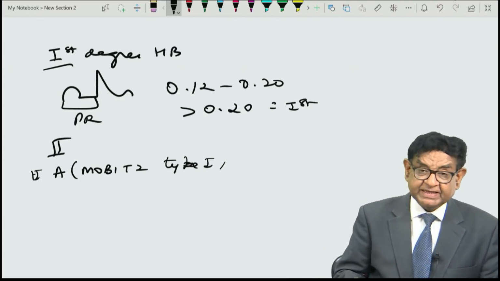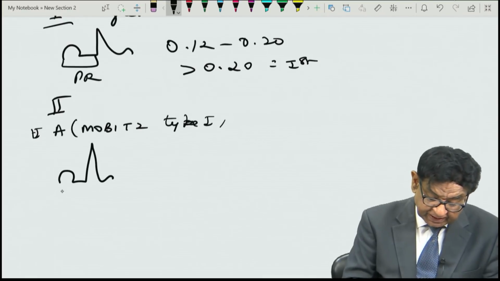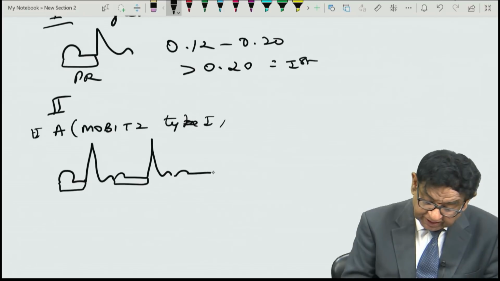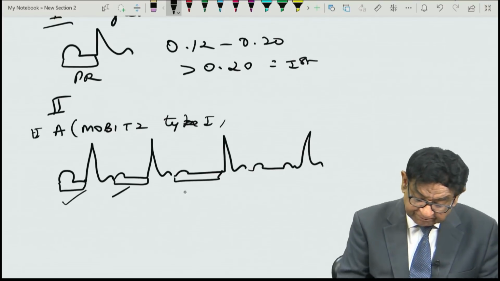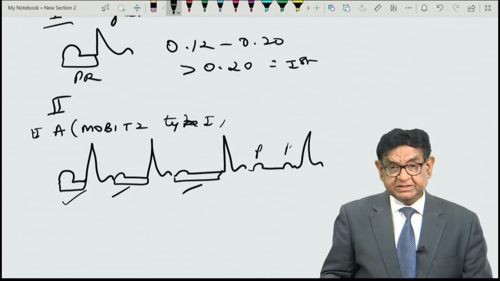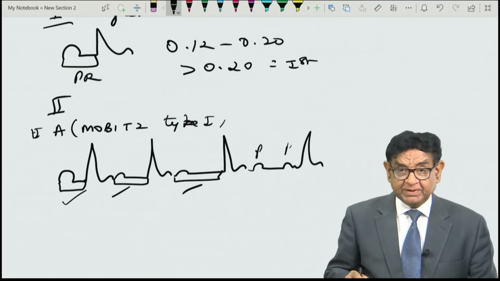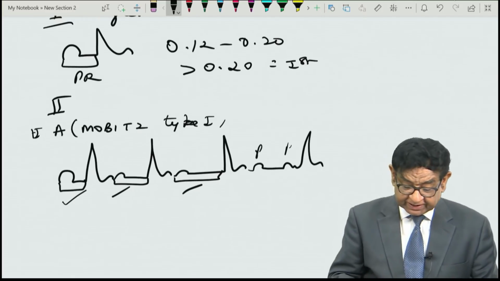Now what happens in this, as I discussed in the question also, we have a PR interval, then in the next a longer PR interval, then a longer PR interval, then P without QRS. So there is a progressive increase in the PR interval till a P is followed by a drop of QRS, and the same cycle starts. This is Mobitz type 1, also called 2A block. It's a benign condition.